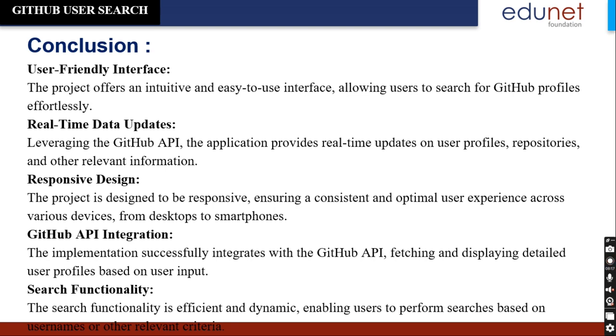GitHub API integration. The implementation successfully integrates with the GitHub API, fetching and displaying detailed user profiles based on user input. Search functionality. The search functionality is efficient and dynamic, enabling users to perform the search based on usernames or other relevant criteria.